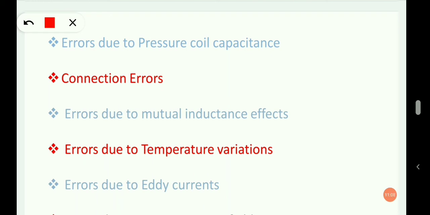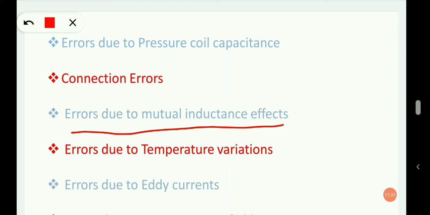So next is error due to the mutual inductance effects. The mutual inductance between pressure and current coils of the wattmeter results in some errors. These errors are directly proportional to the frequency.